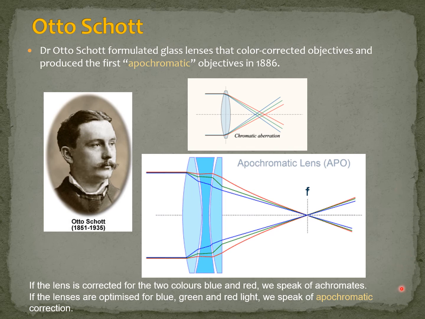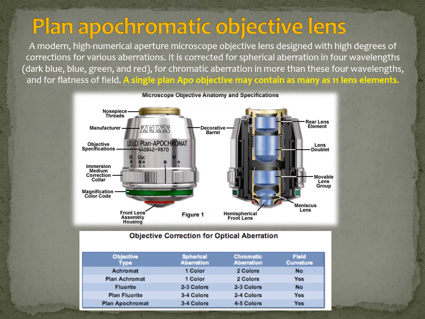But nowadays, when you look into the lens of a microscope, depending on the scope you're using, they will have written something like apochromatic, plan apochromatic. They will have different names according to the corrections that the lens is capable of doing. In fact, modern lenses are incredibly complex on the inside, and they have several movable parts to correct different types of aberration.